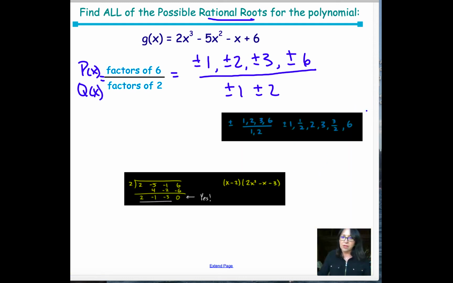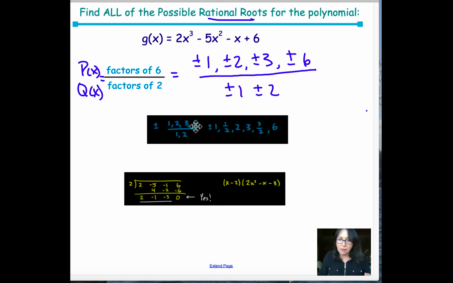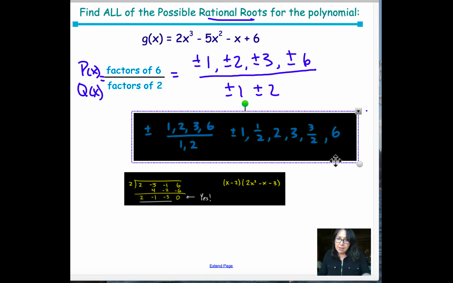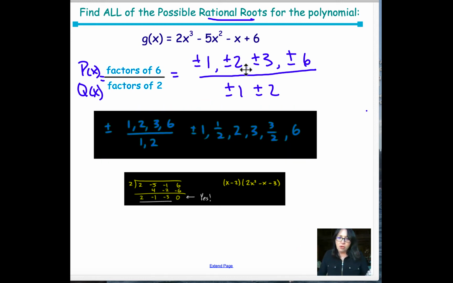Realistically, if you write it all out like this, you get plus or minus 1. You get 1 over 2, which is 1/2. Let me make that bigger. You go plus or minus, you got 2 over 1, which is 2. 2 over 2, which is 1, which you already have, so you don't have to rewrite that. You've got 3 over 1, and then you've got 3 over 2.